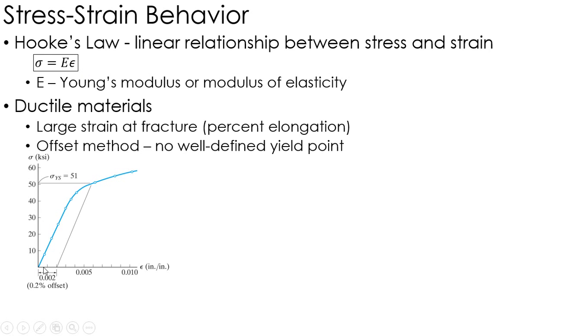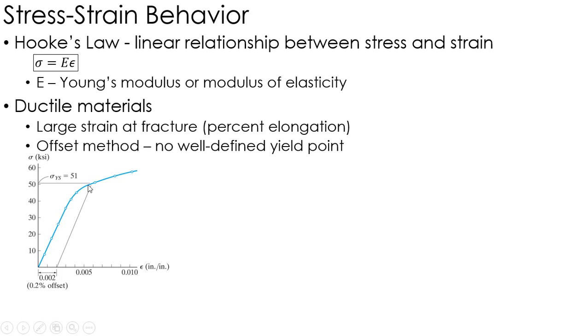So I have a stress-strain curve here. You can see it's just a nice little curve. There's no well-defined point. So a way that we handle that is using an offset method, generally a 0.2% offset method. What I do is find where it's clearly proportional, find its slope, and then draw a similar line that goes through 0.2% strain, or 0.002 strain.